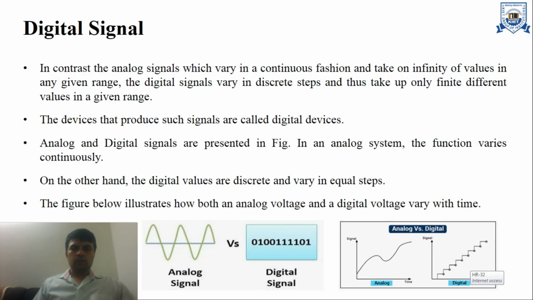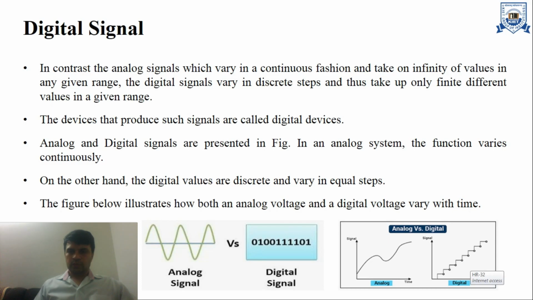In an analog system, the function varies continuously. Some examples of analog and digital signals: my microphone is producing a continuous sound wave. It is an example of analog signal. And my computer receives a digital signal because when I connect my microphone with my laptop, there is an A to D converter in between which converts the analog signal to a digital signal.